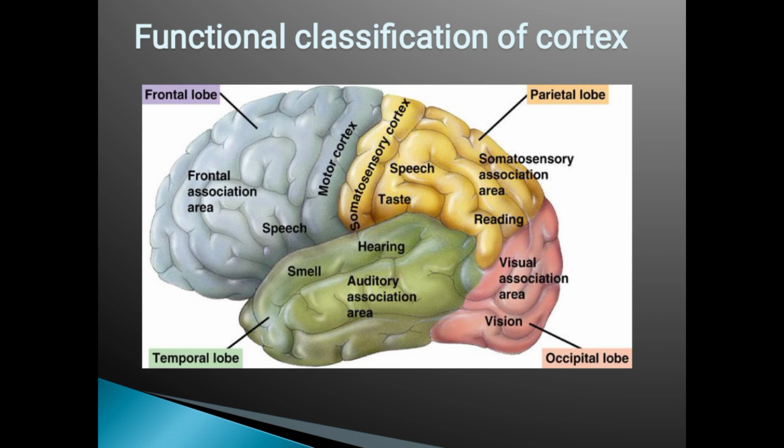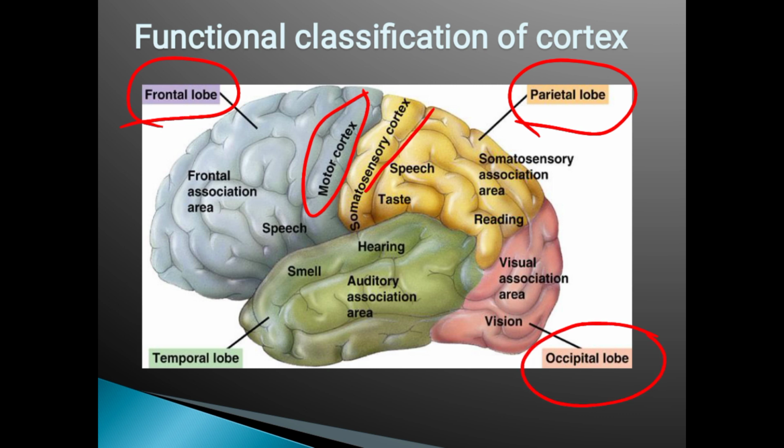In the functional classification, the frontal lobe mainly contains the motor cortex, the motor area, so the frontal lobe is for motor activity. The parietal lobe mainly contains the sensory cortex, the sensory area, hence it is involved in sensory function.